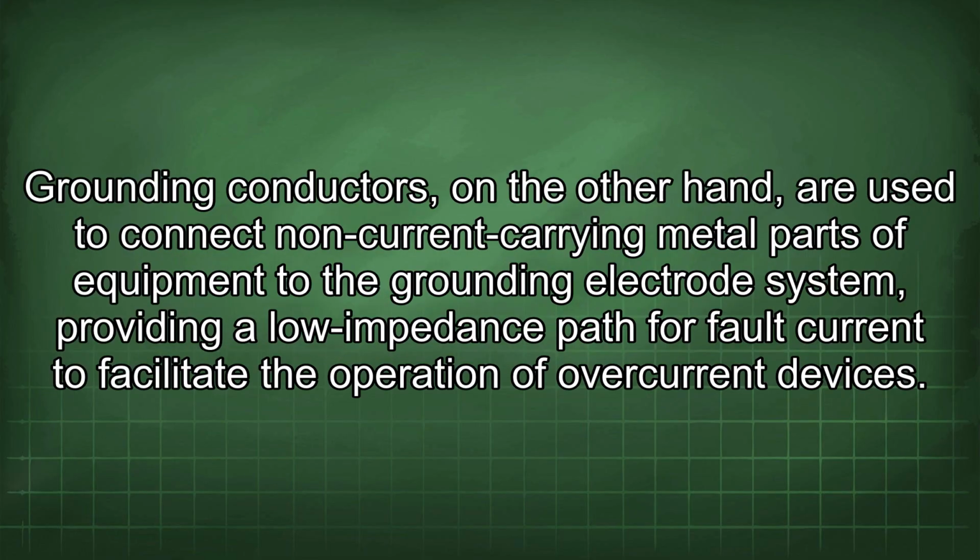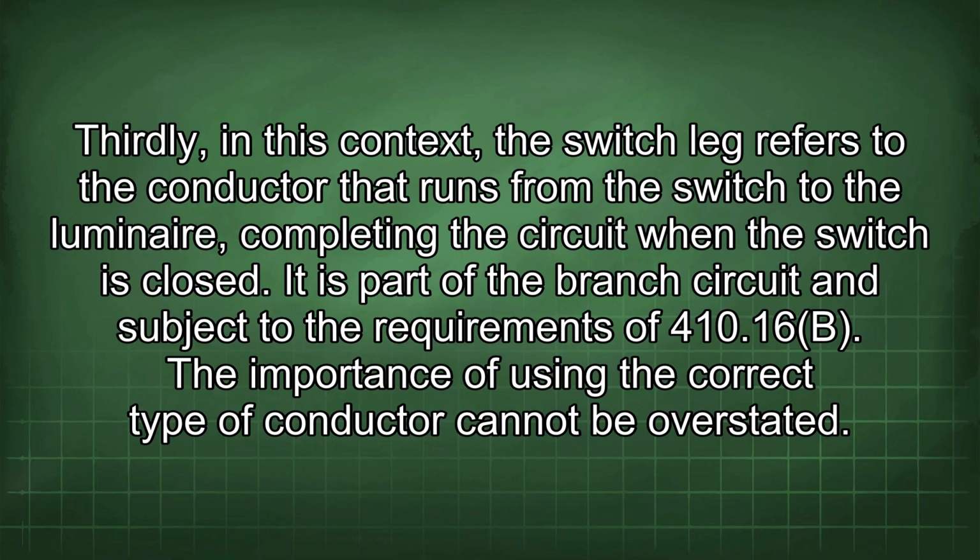Grounding conductors, on the other hand, are used to connect non-current carrying metal parts of equipment to the grounding electrode system, providing a low impedance path for fault current to facilitate the operation of overcurrent devices. Thirdly, in this context, the switch leg refers to the conductor that runs from the switch to the luminaire, completing the circuit when the switch is closed. It is part of the branch circuit and subject to the requirements of 410.16(B).